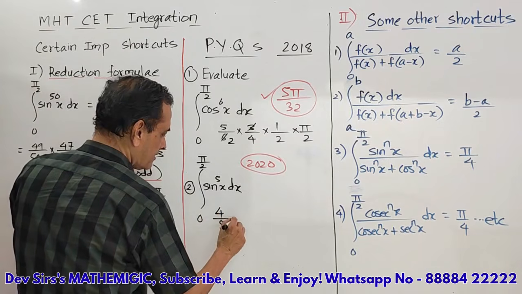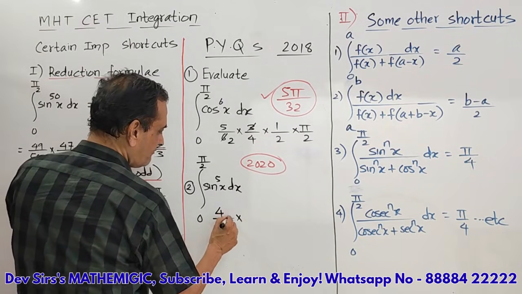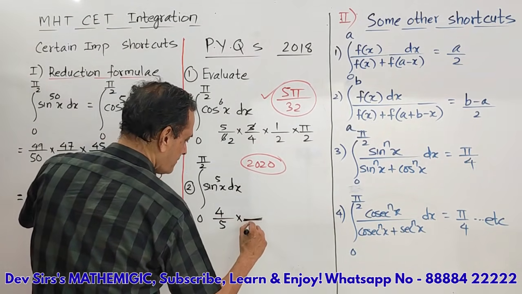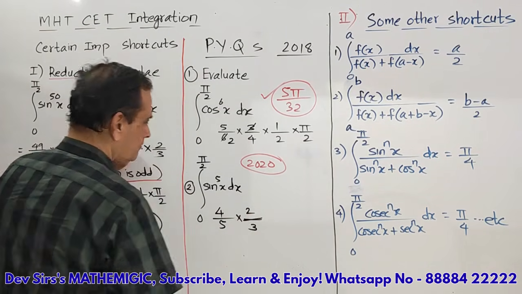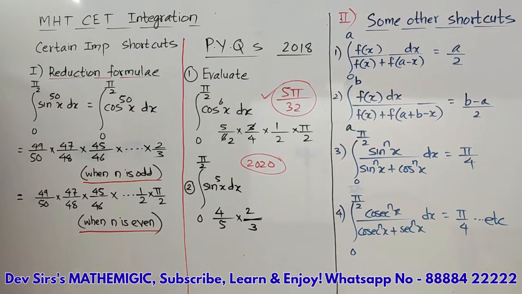Go on reducing. 1 less than 4 is 3. 1 less than 3 is 2. Stop there.